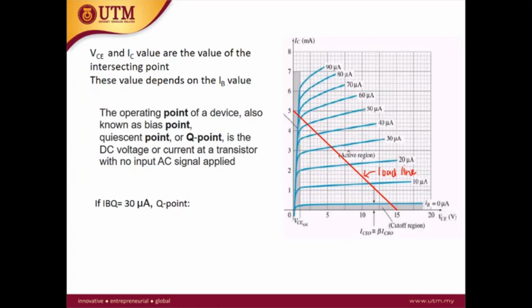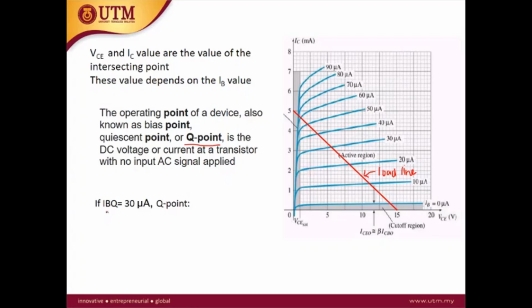This solution is usually called the operating point, and we call it the Q point. So the Q point is the operating point. This is the DC voltage and current of the transistor with no input AC signal applied, so it is purely a DC analysis.